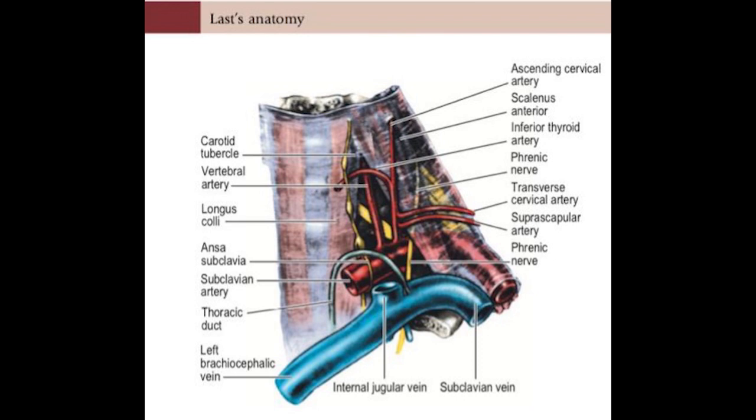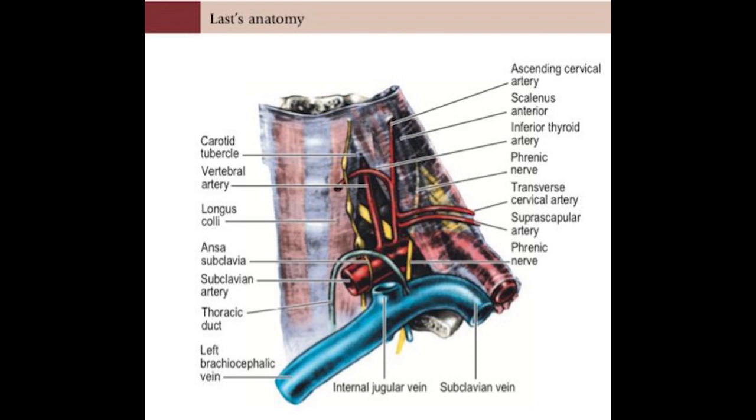It leaves the medial border of the scalenus anterior, in front of the subclavian artery and internal thoracic branch, behind the subclavian vein. But there is a possibility that it passes anterior to the subclavian vein, or it may pass posterior to the internal thoracic artery.